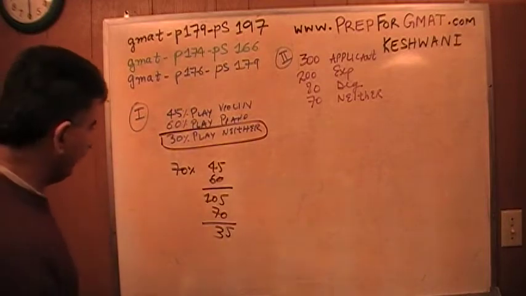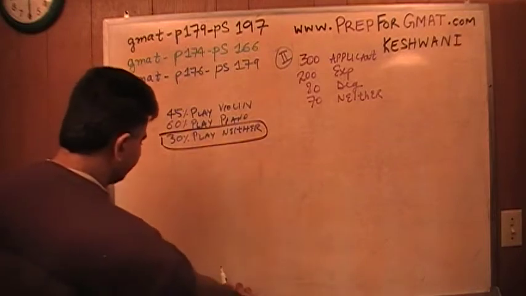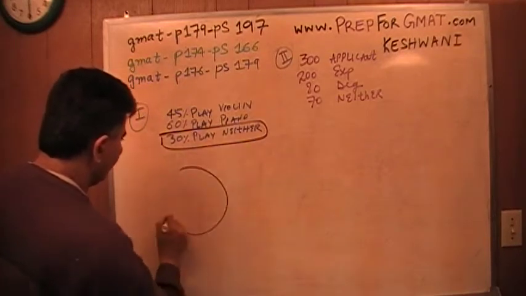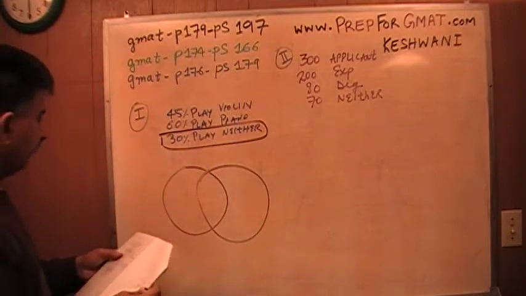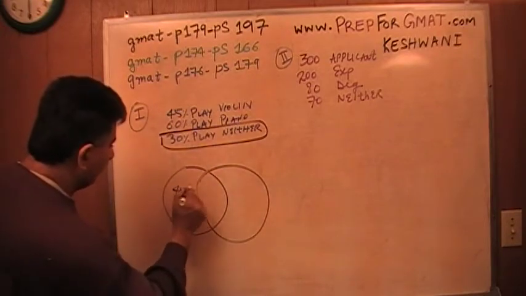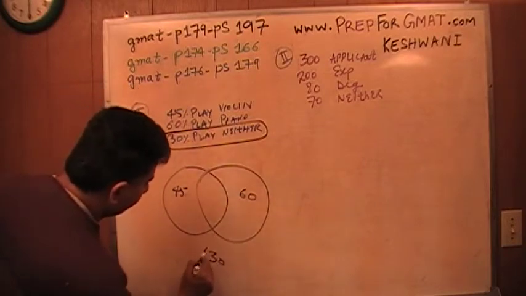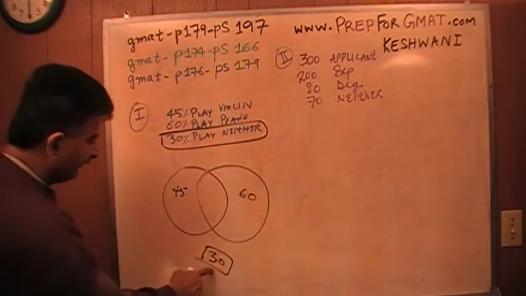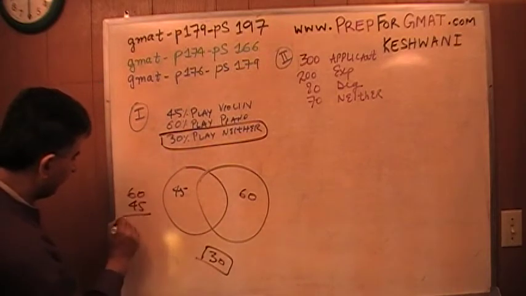If you want to show it in the Venn diagram, you will show it like this. I don't want to end up taking too much time because I have to save the time to actually do the problem. So you start out with 45 and 60, and then we are told 30% play neither. So if this is 30, this has to be 70. As I told you before, 60 plus 45 is 105.